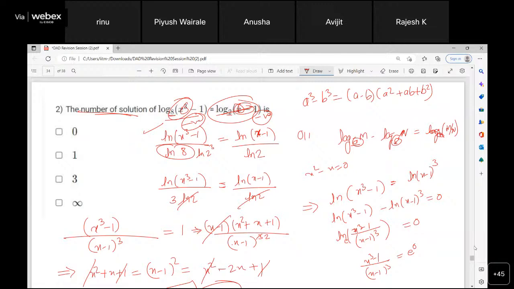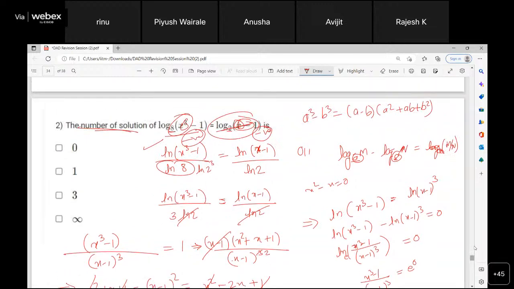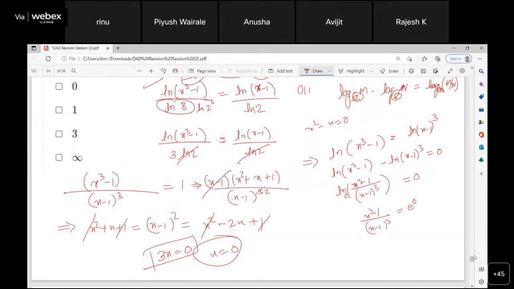So x square plus x plus 1 equals x square minus 2x plus 1, right? x equals 0 only, right?